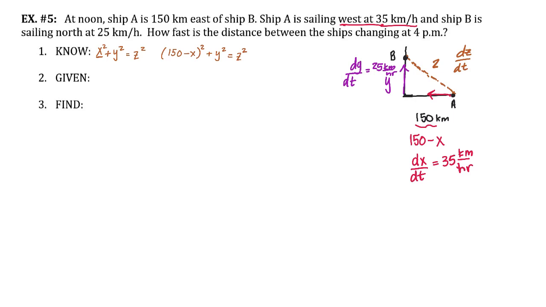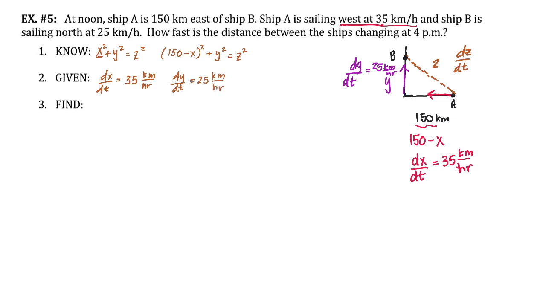We are also given two things. We know dx/dt is 35 kilometers per hour, and we were told that dy/dt is 25 kilometers per hour.